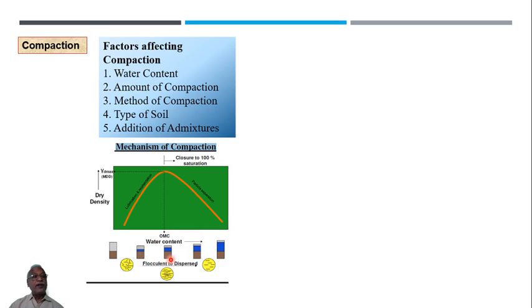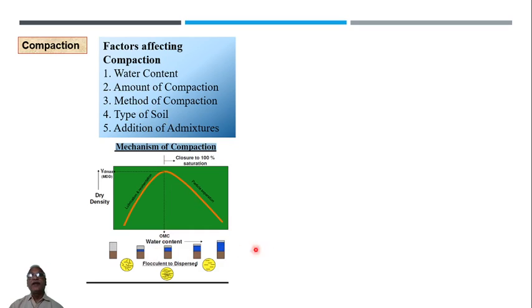The energy we saw in the last class: 3 layers, 25 blows on each layer, with a 2.5 kg rammer falling through a height of 0.3 meters. Every time you compact the soil, you put in the same amount of energy.